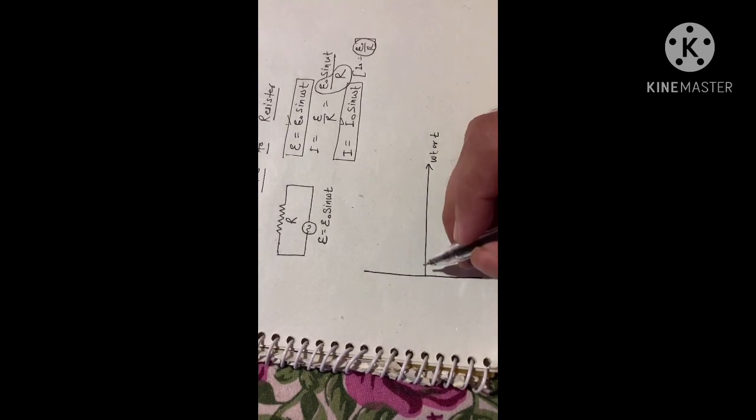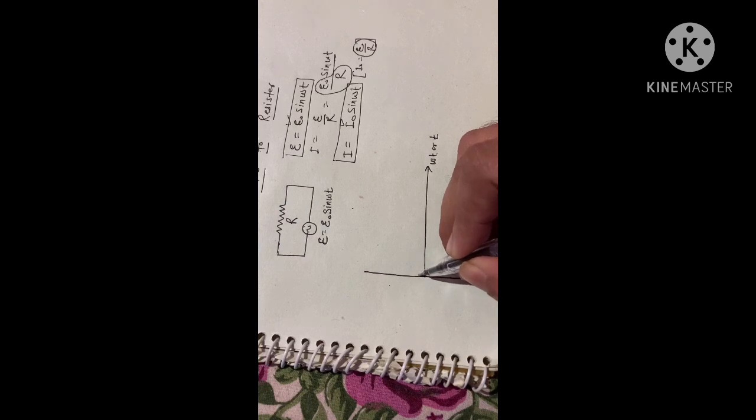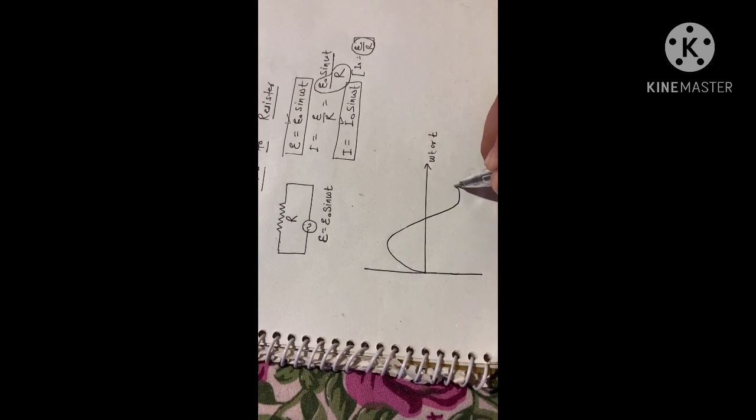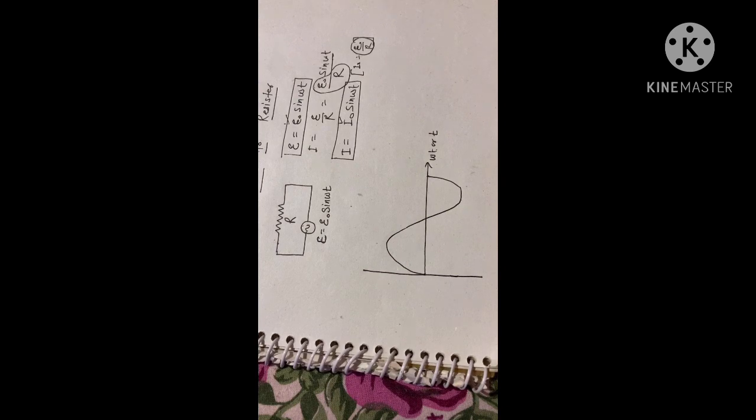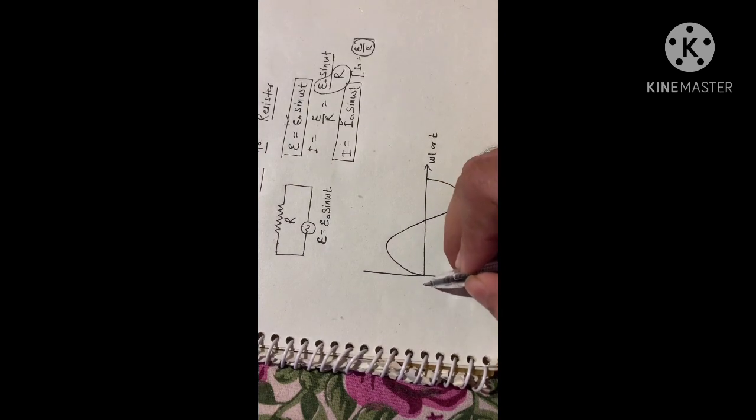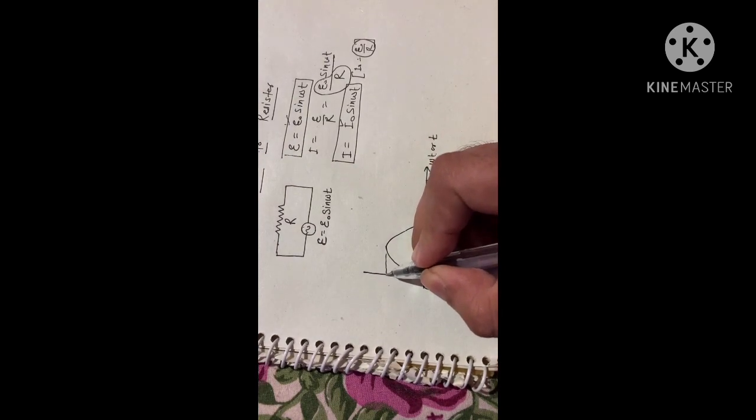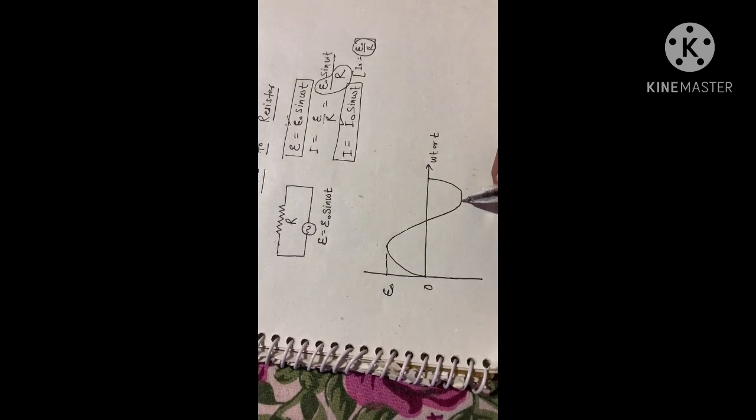First plot the graph for EMF. Only one complete cycle is enough. This is 0, and this is the peak value of EMF, E0, and this is minus E0.